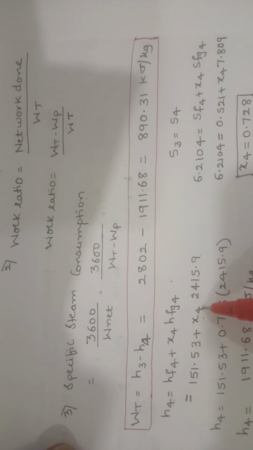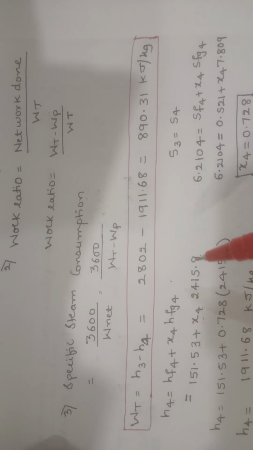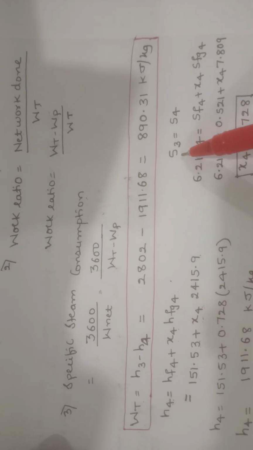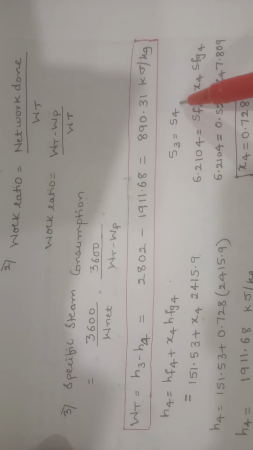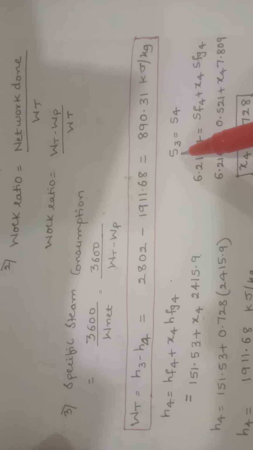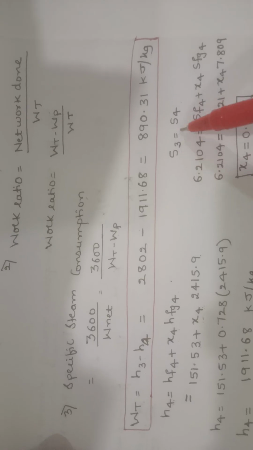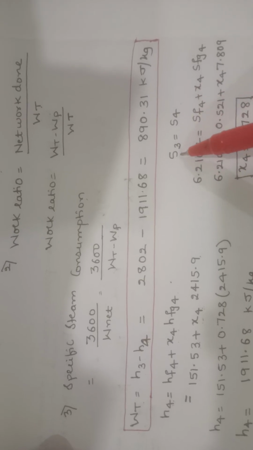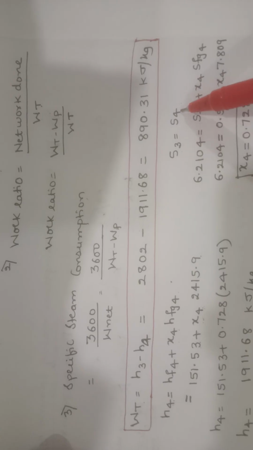We don't know this x4. In order to calculate x4, we know that the entropy is constant as per the T-S diagram. This is the isentropic expansion of the steam in the turbine, where entropy is constant at point 3 and point 4. So I can write S3 is equal to S4.